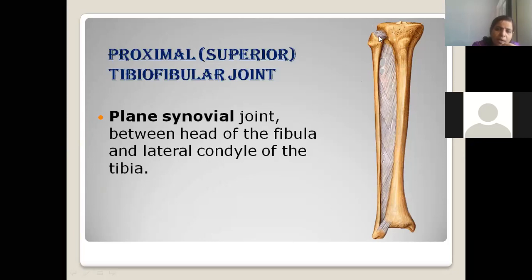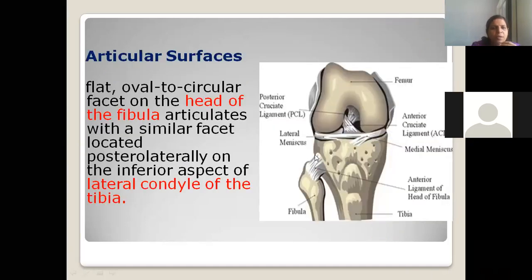At its upper end, it is articulating with the head of the fibula to form superior tibiofibular joint, also called proximal tibiofibular joint. Now, the articular surfaces here: the upper end of the head of the fibula and the articular surface over the tibia are flat, okay, oval to circular. Both the facets are flat, and they articulate with each other.